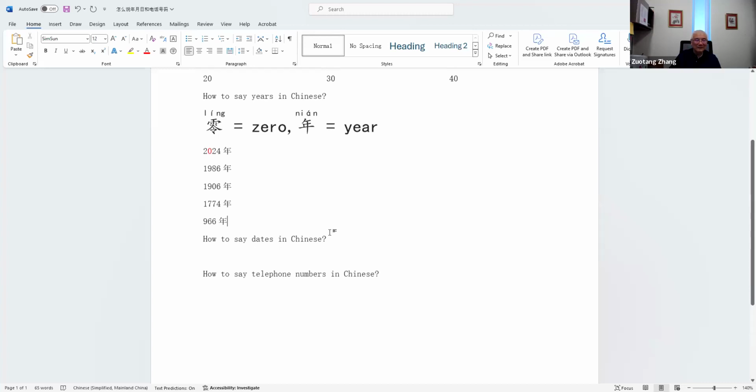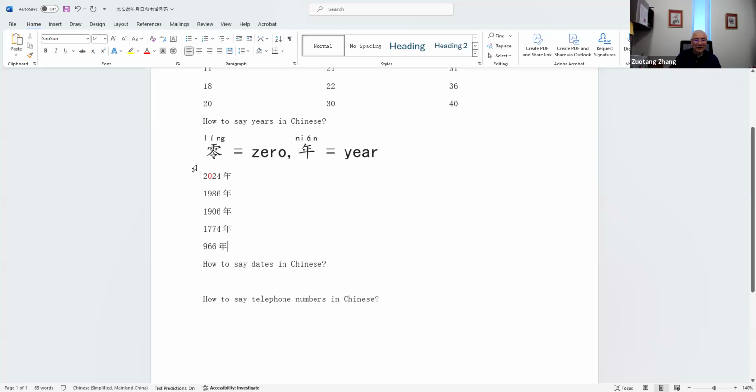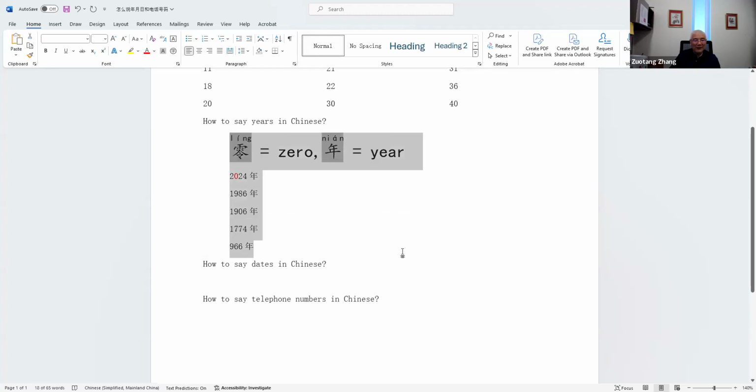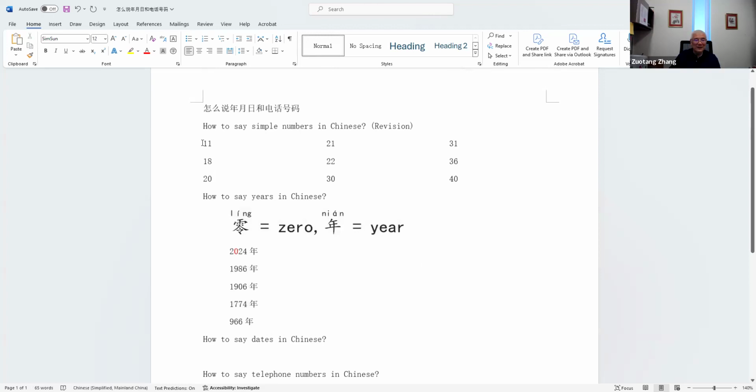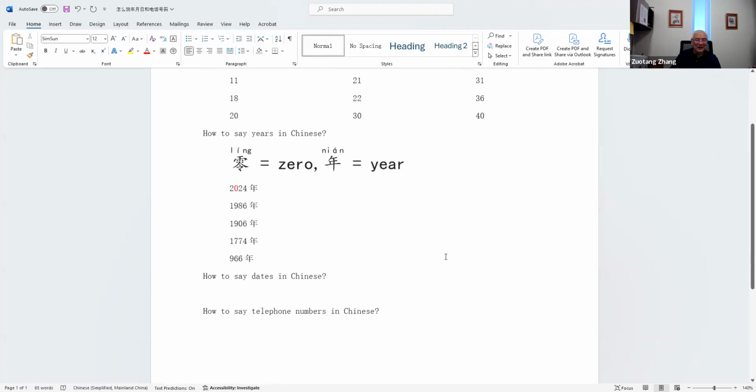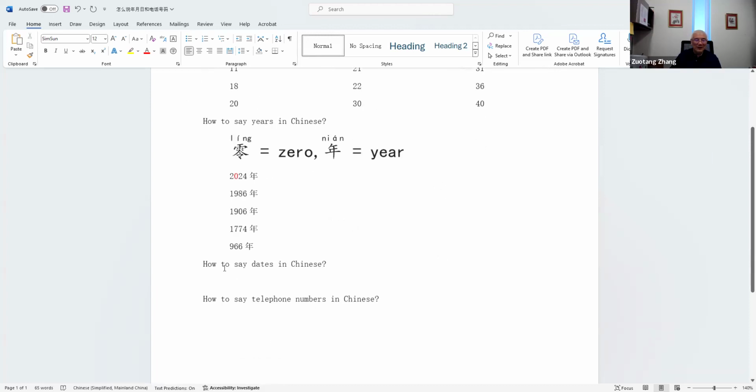All right. Let me put them in this way so it's easier for us to see. Let's see if I can do this also. Yes. Okay. So the third content we want to learn today would be how to say dates in Chinese. Remember that you have learned the word 月 already, so we're going to review the word 月, which means month.